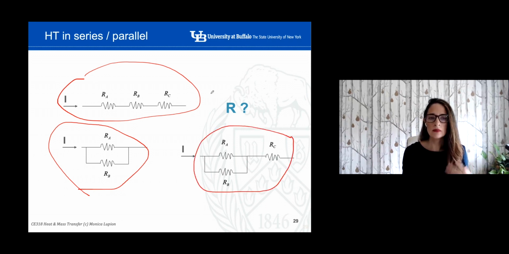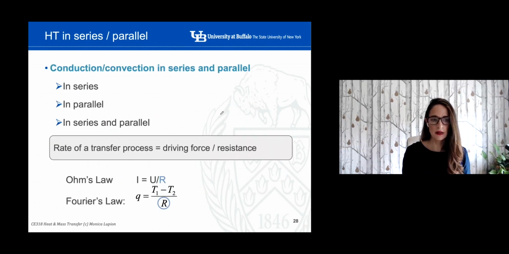And the strategy to solve this kind of situation is to find the value of the resistance R. And then, well, with Ohm's law, you can divide the voltage by the resistance, and that has to be the same as the current. In the case of heat transfer, we're going to use a similarity.